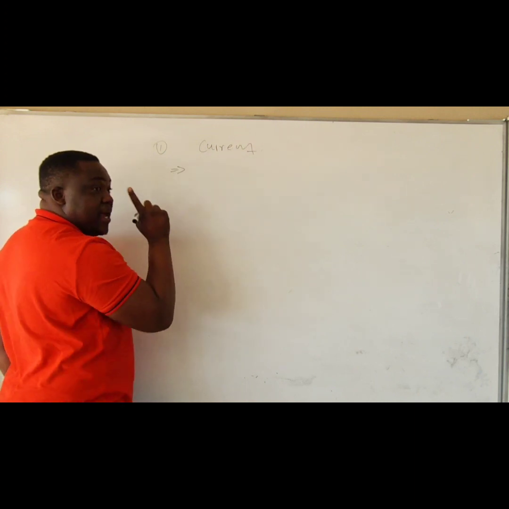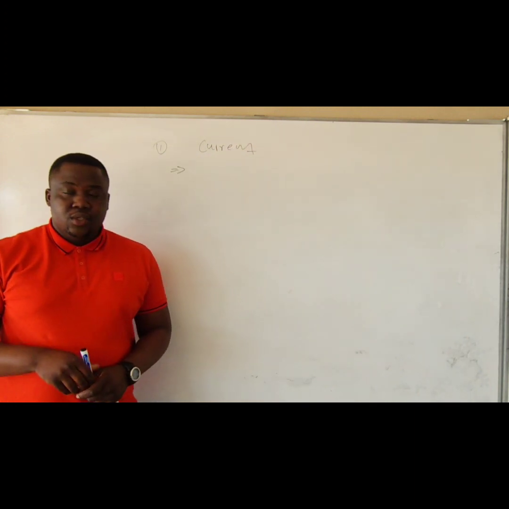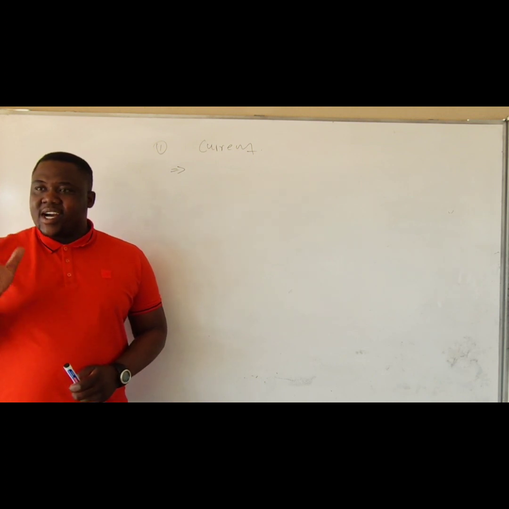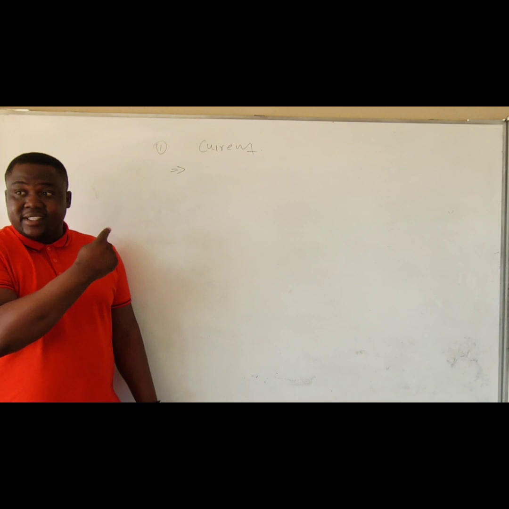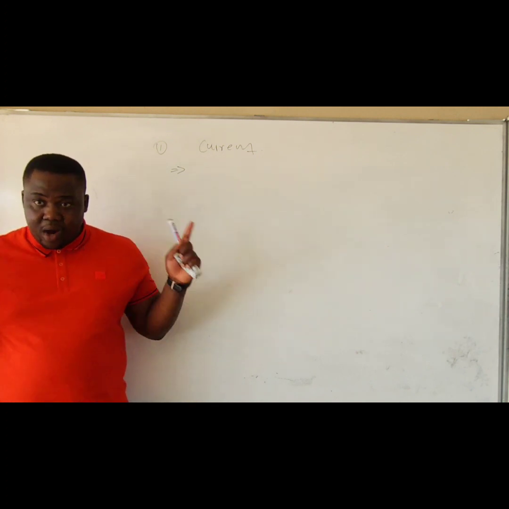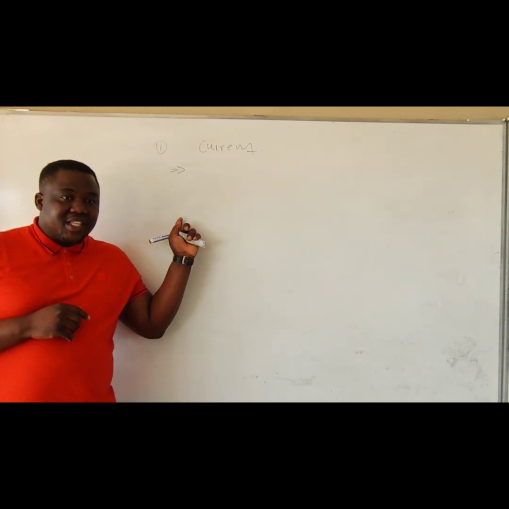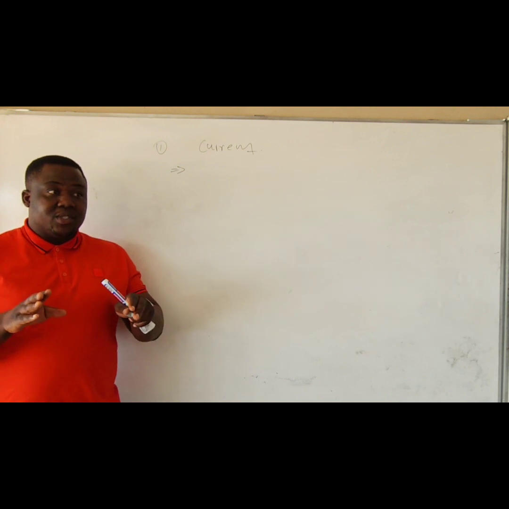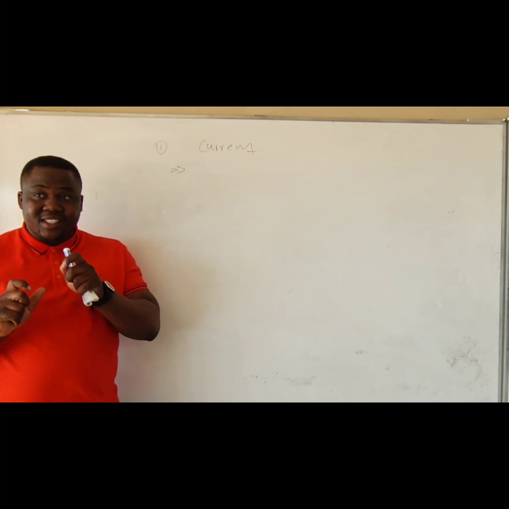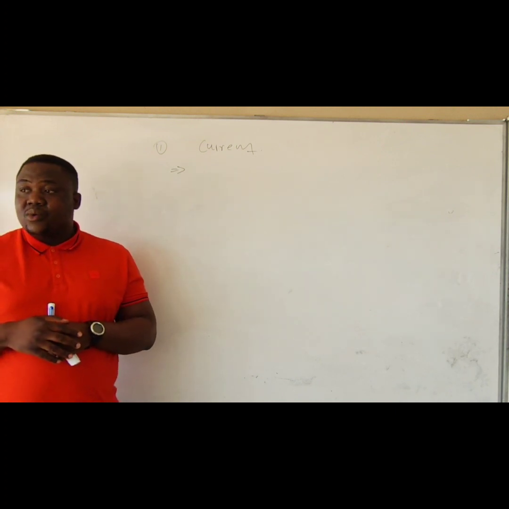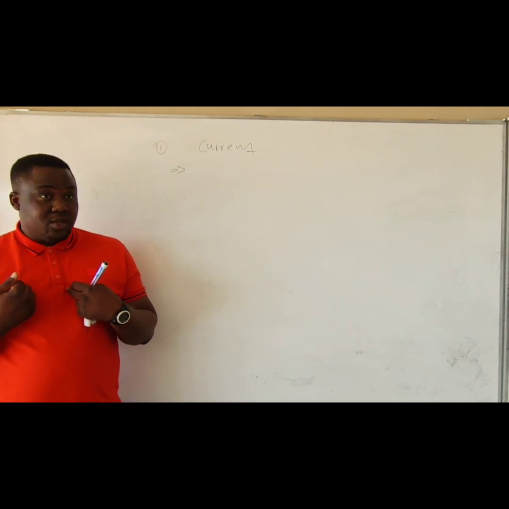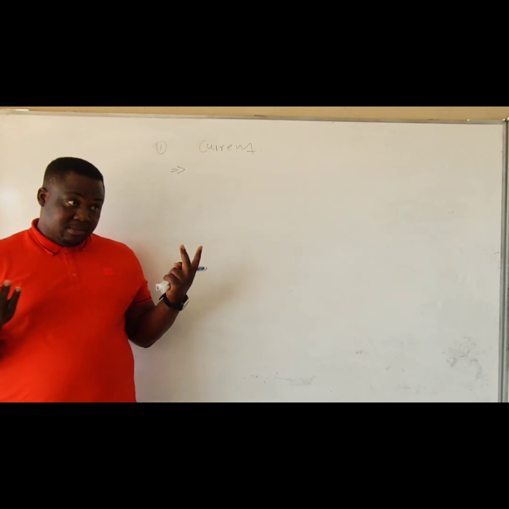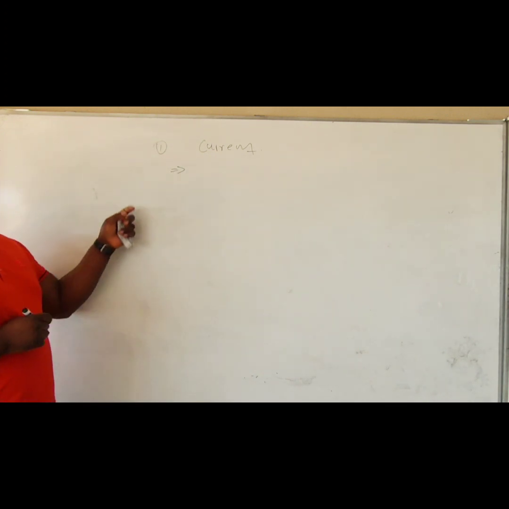Here is the main important point, right? You will not be able to get answers in an electric circuit if you fail to understand the statement which I'm going to make. Actually, you don't have to understand it, you need to know it. Because there's a difference between knowing something and understanding it.